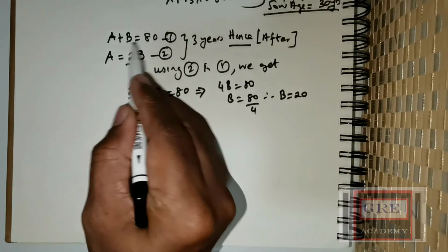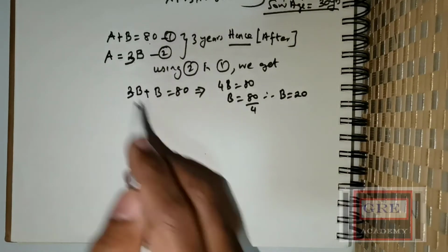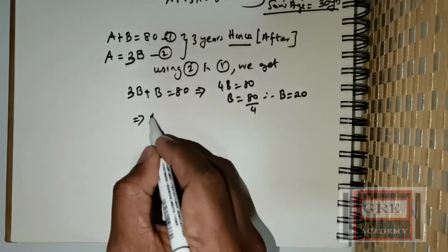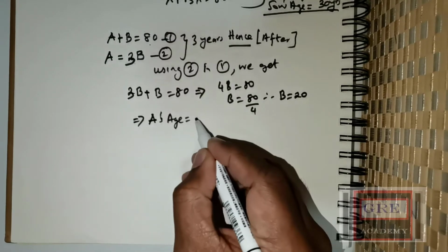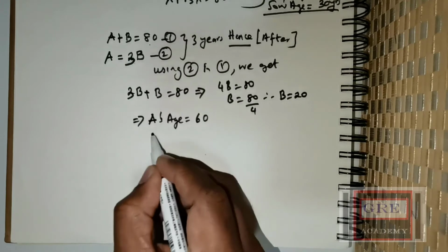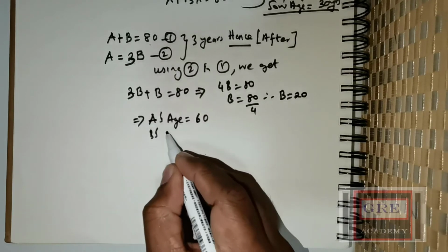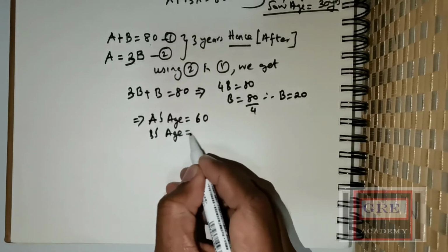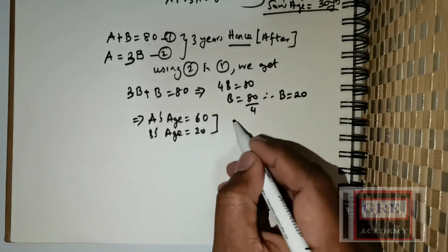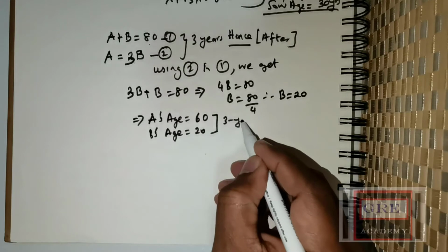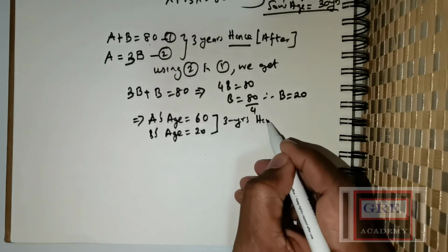Now A + B is 80. So this would mean A's age is going to be equal to 60. We can also write down the age of B. B's age is going to be equal to 20. Now 3 years after, 3 years hence, what happens?